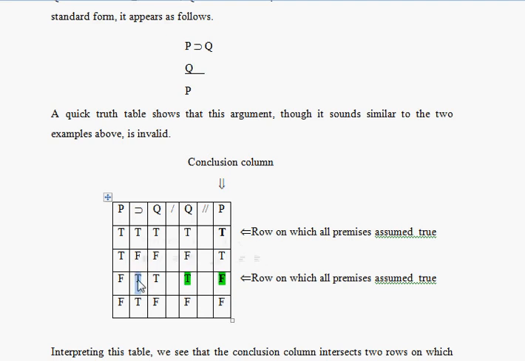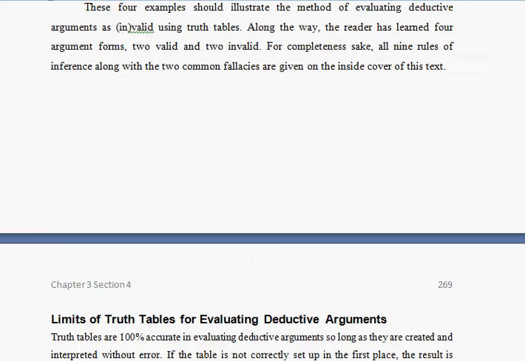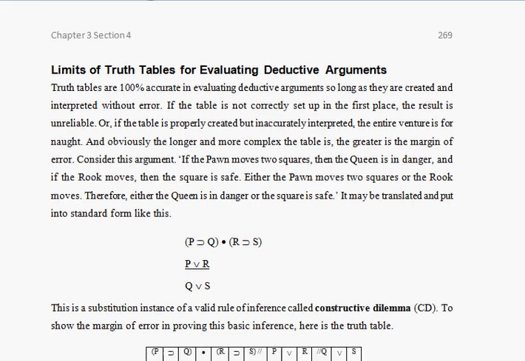You would highlight it and you would label it invalid. And that's all there is to it. You just do that all the way down. There's another one called denying the antecedent, and just because the antecedent isn't true doesn't mean the consequent doesn't have to be true. And that's basically the way it works.